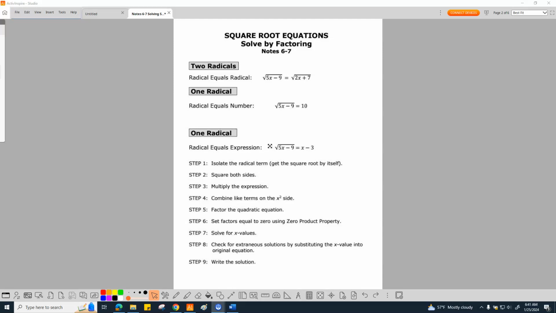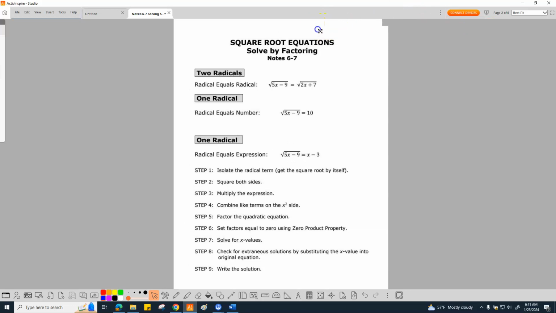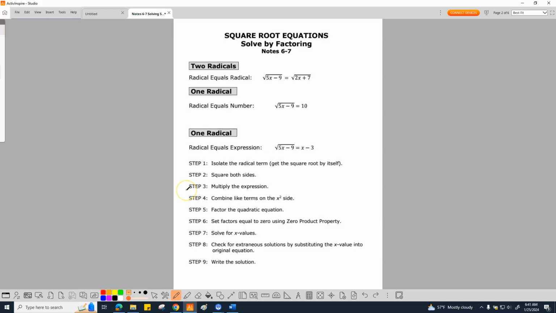With that said, this is hard, and you have to recall past skills. If you're wondering what factoring I'm talking about, you don't have to write this down, but I'm going to show you. If you had something like x squared plus, I don't know, 13x plus 36, you'd have to do that whole ABC thing, A, B, C, then AC.